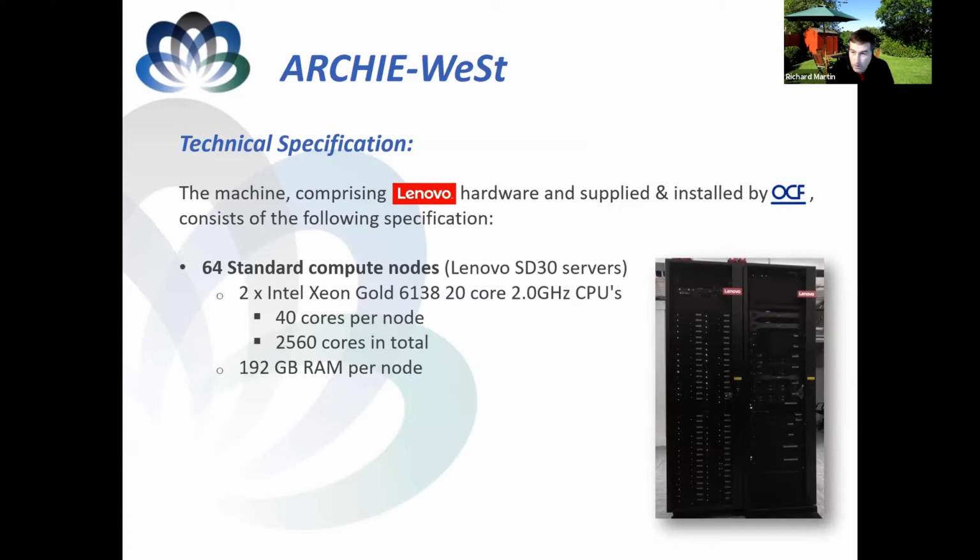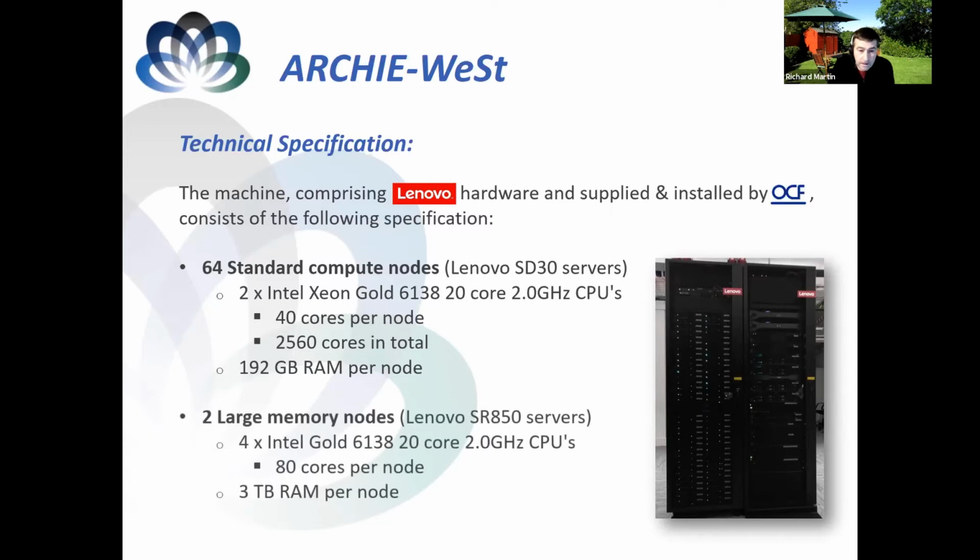We have 64 standard compute nodes, each comprising 2 Intel Xeon Skylake CPUs, 40 cores on a node, 2,500 cores in total across the cluster, and 192 gigabytes of RAM on each node. We have 2 large memory nodes, each with about 3 terabytes of RAM for those that require that amount.